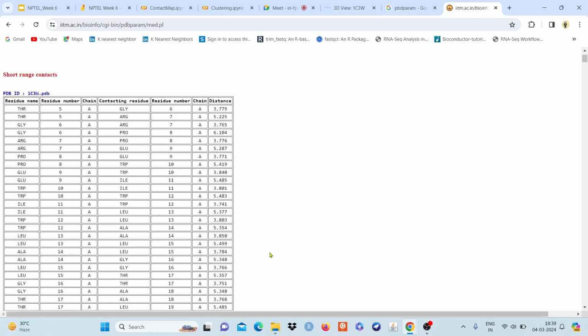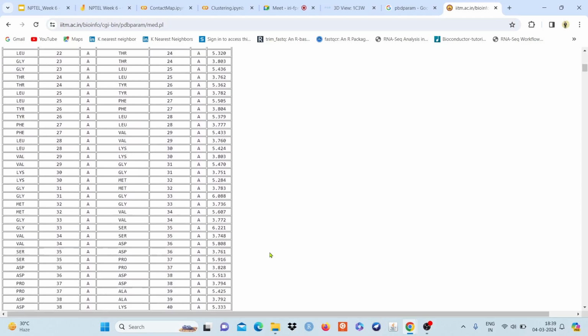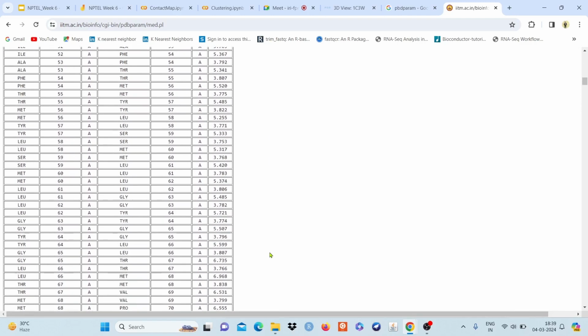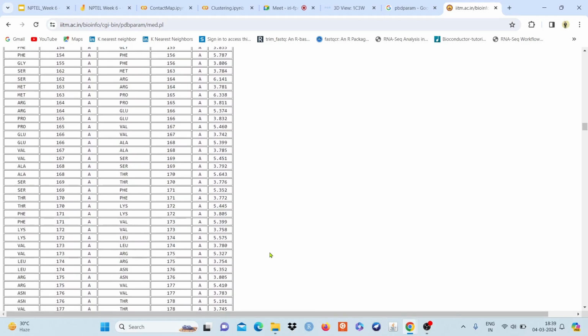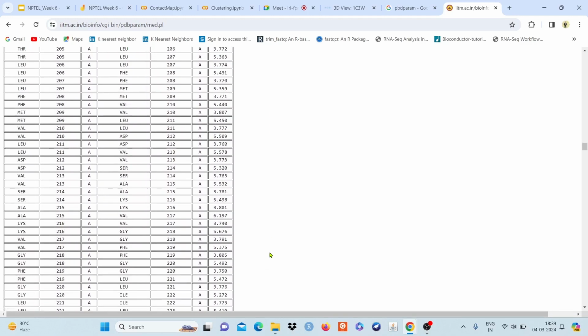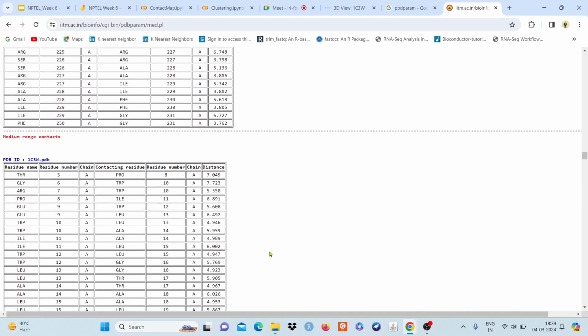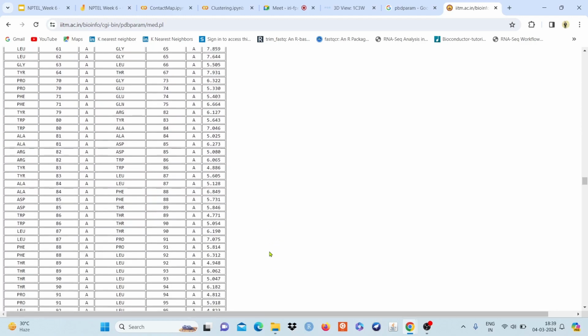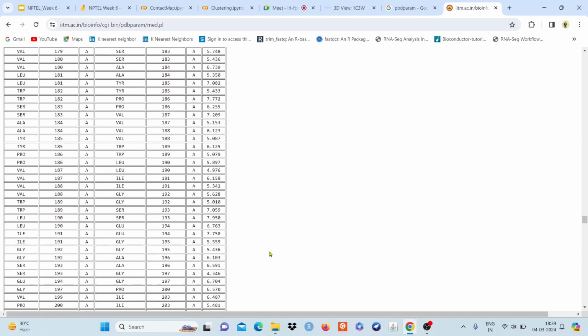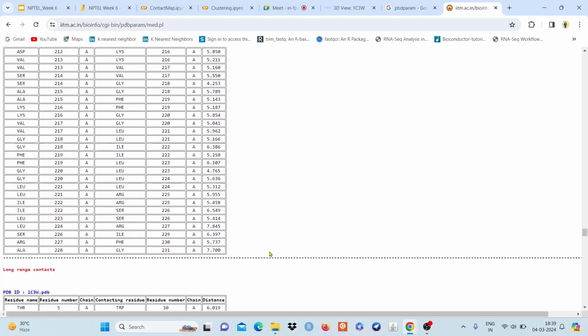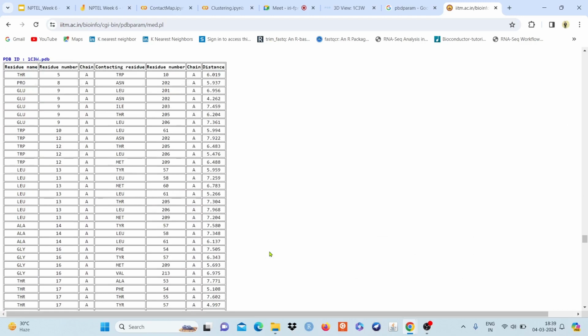So the list of short range contacts that are present have been given, followed by the list of medium range contacts, then followed by the list of long range contacts.